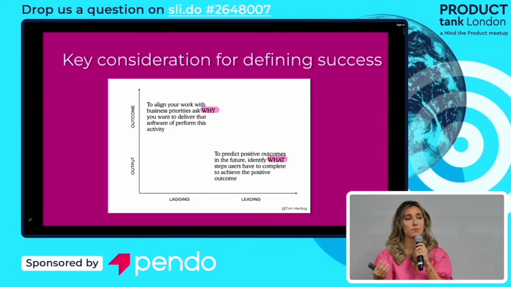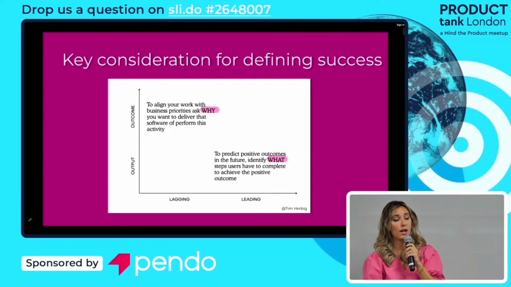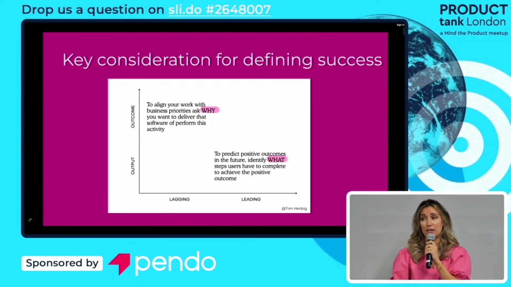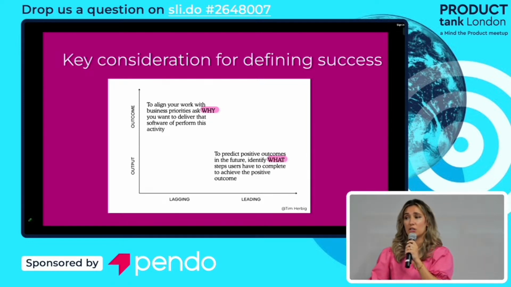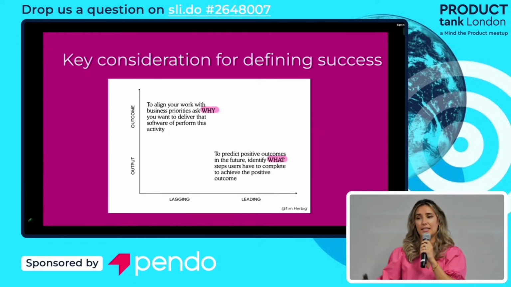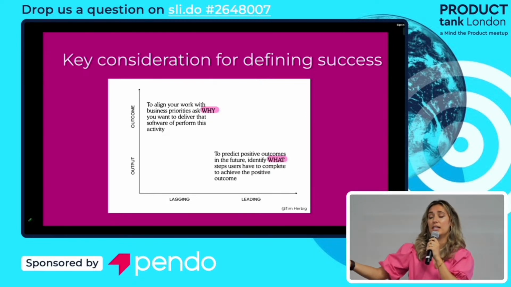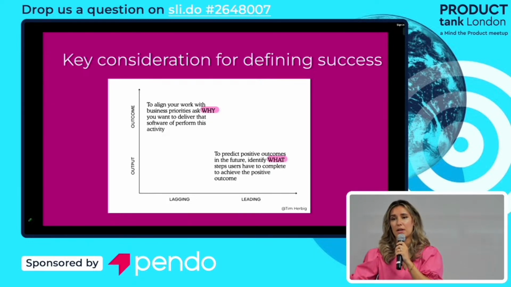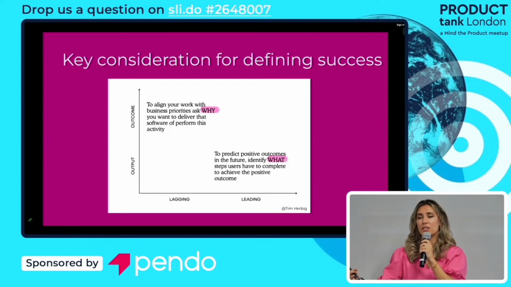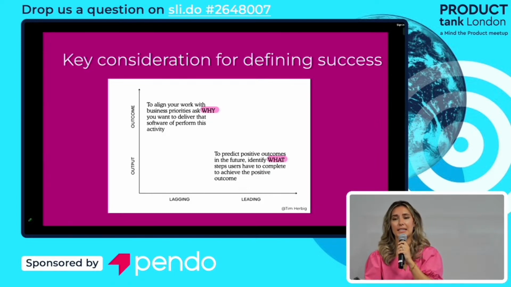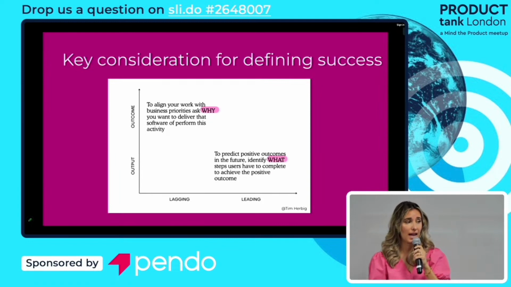They're the ones that take months to drive any real change. While leading indicators are a lot harder to set. They're a prediction of, by users taking these actions now, this is going to lead to a better outcome. You don't have that confidence, but they're a better indicator because there are things that you can actually track now, and you will be able to see the impact your product is having.